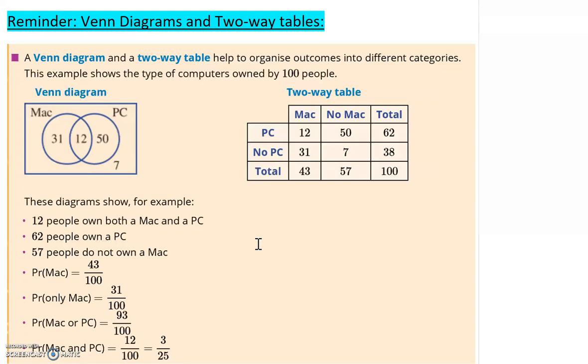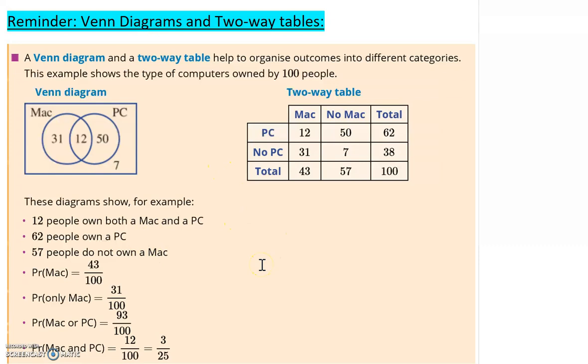Now, an important thing to note is that for this example, we're talking about two different events. It gives us information about people who own computers and what type of computers they own, and it's owned by 100 people.